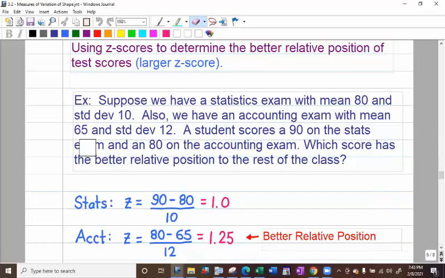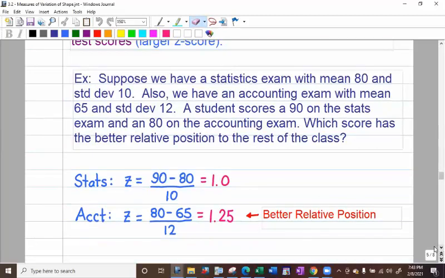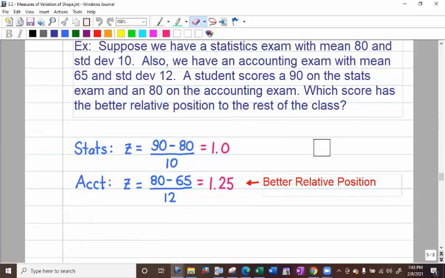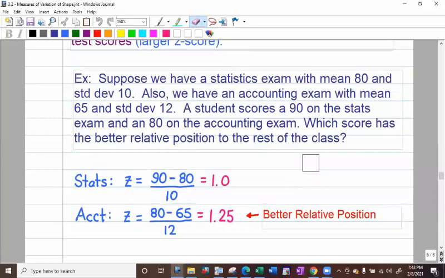It had a mean of 65 and a standard deviation of 12. A student scores 90 on the stats exam and an 80 on the accounting exam. Which score has the better relative position to the rest of the class?